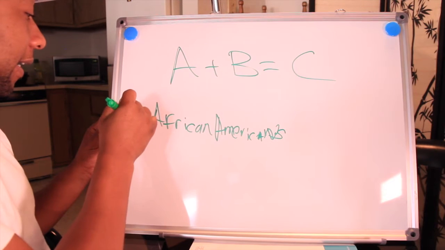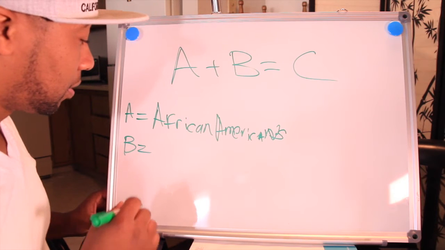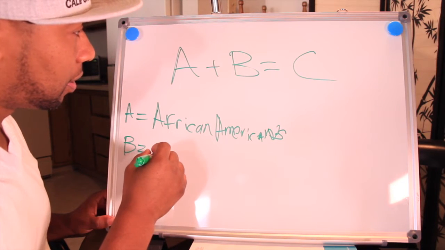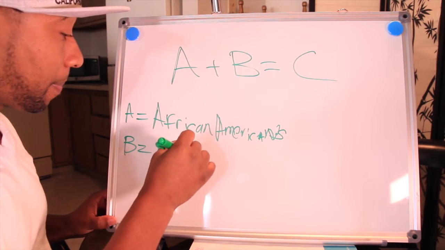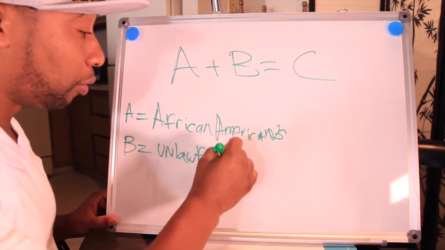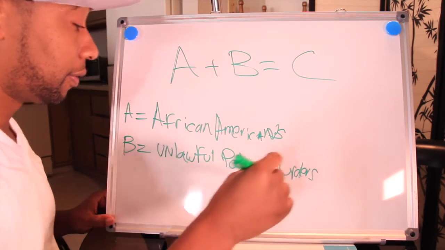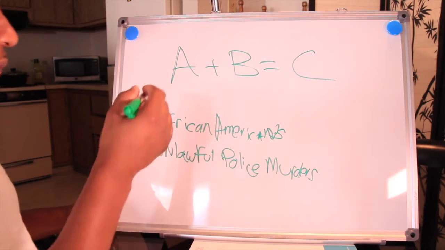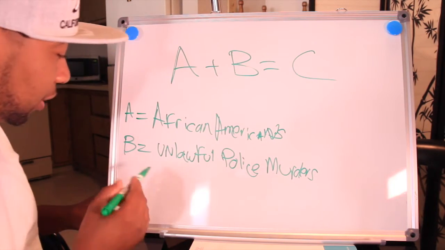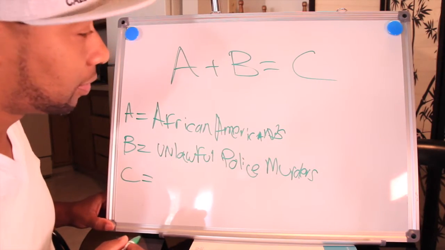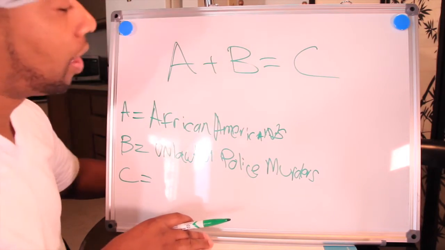That's A. Then we'll say B equals unlawful police murders. All right, so we got African Americans, unlawful police murders. So what is C gonna equal? I'll wait, I'll see if somebody answers that. Oh, y'all ain't gonna answer it? Okay.